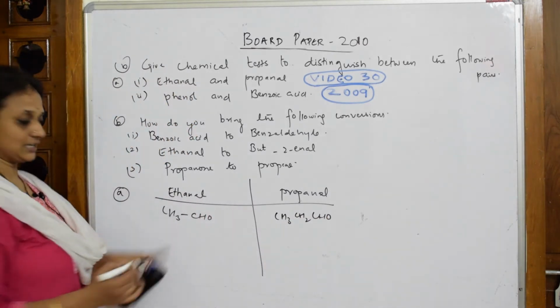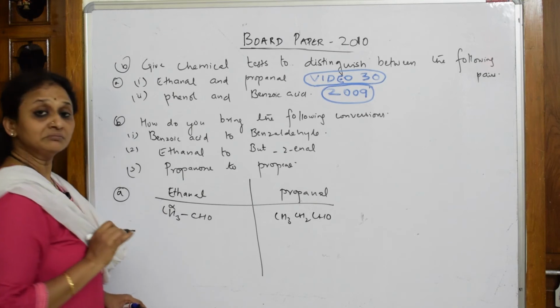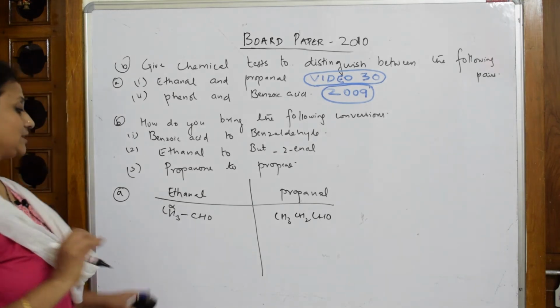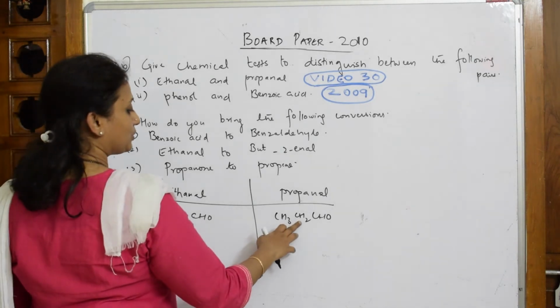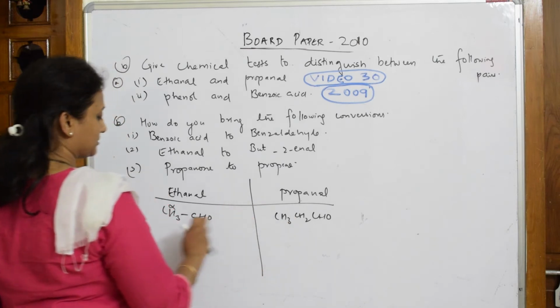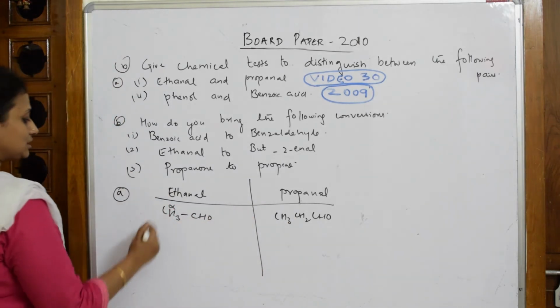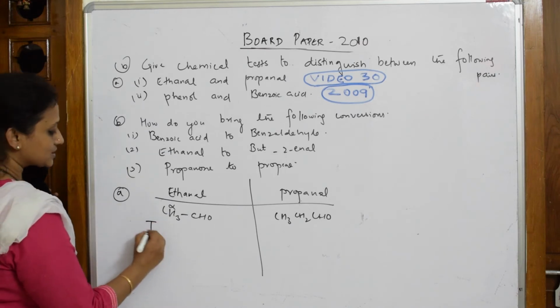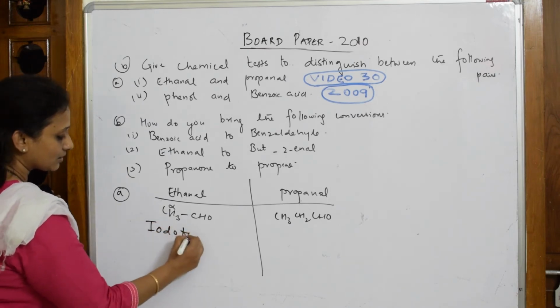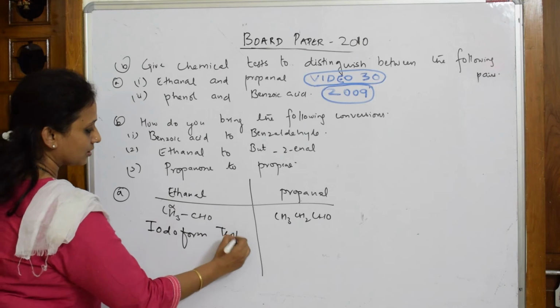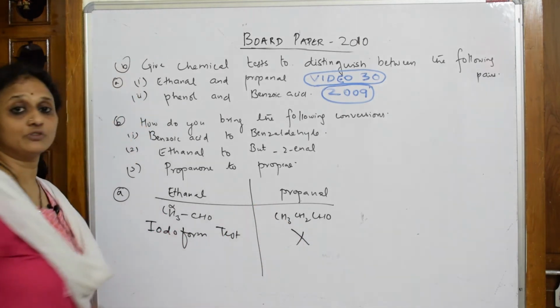This is your alpha hydrogen attached to your aldehyde group. Now here what do you have? You have alpha and beta, but here the ionizable hydrogen atoms. So ethanal shows the iodoform test. This does not show the iodoform test.